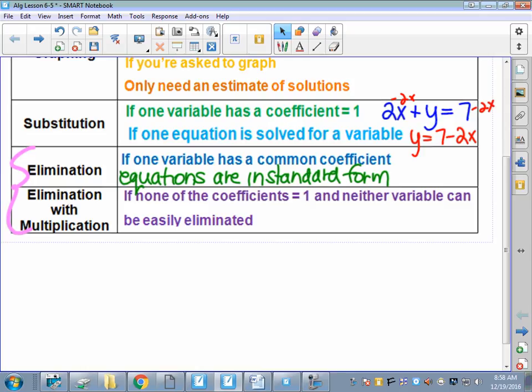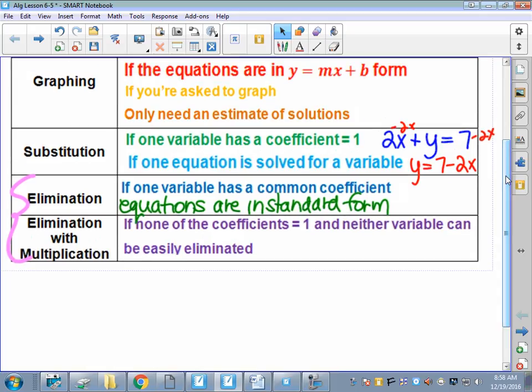So sometimes, the worst case scenario is elimination with multiplication because the other stuff is just too hard to put in that form. Probably you won't graph very often unless I say you must graph these.